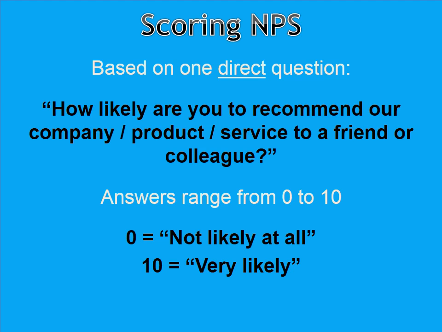Simple question. Direct, not open-ended at all. You answer between 0 and 10. If the consumer answers 0, that means they're not likely to recommend your product or service to a friend or colleague. And 10 means they love you. They're very, very likely to recommend you to a friend or colleague. Okay?